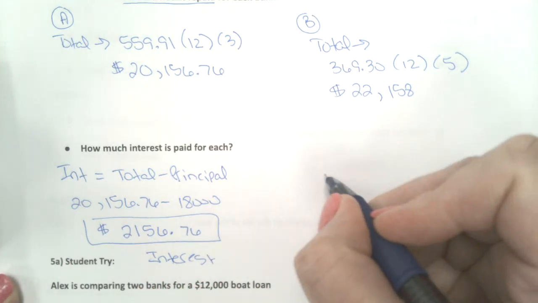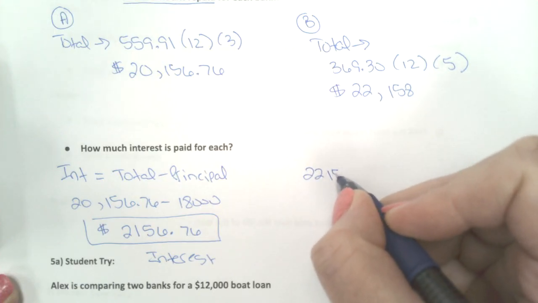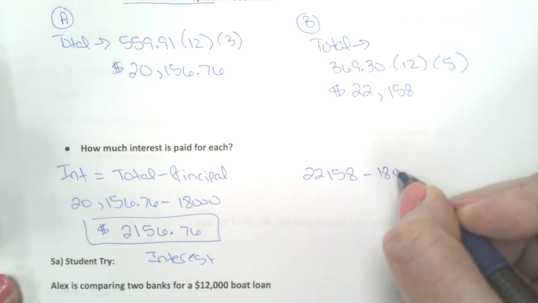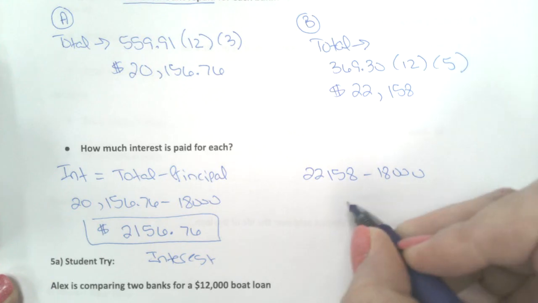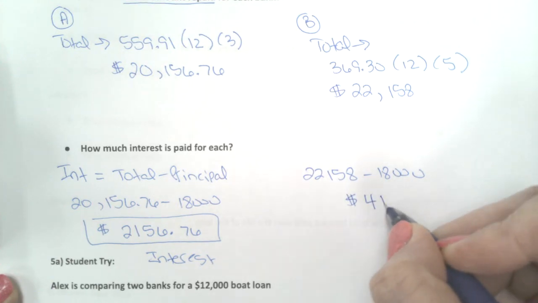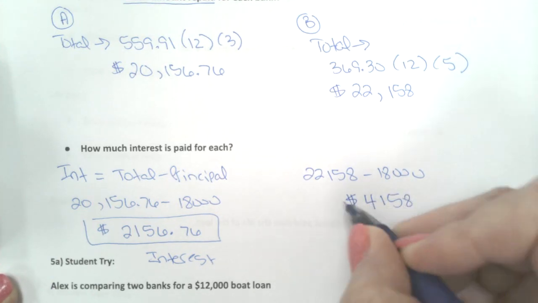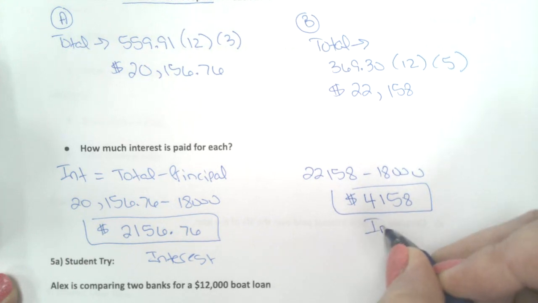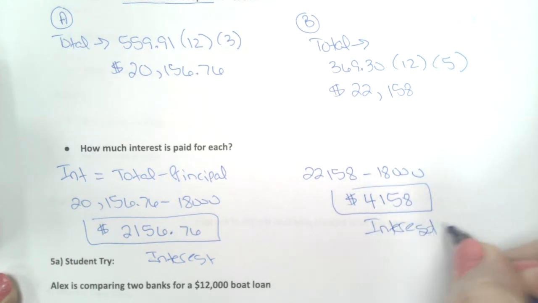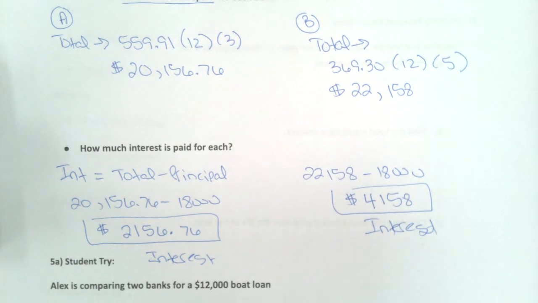At Bank B, take your $22,158, subtract off $18,000, and the $4,158 number, that is the amount of interest that you paid. Go try number 5 and then check the notes and see how you did.